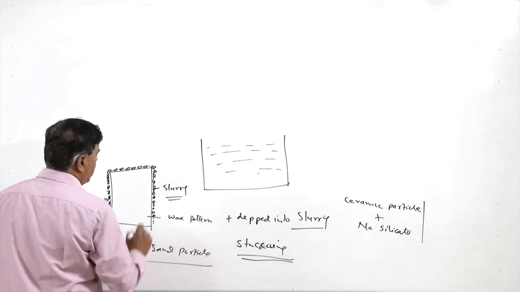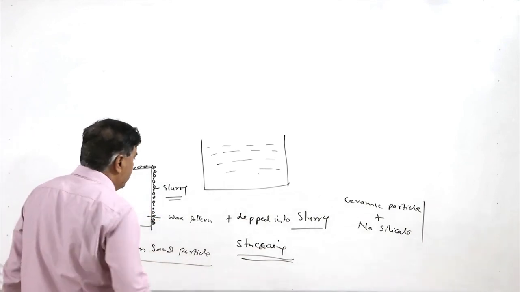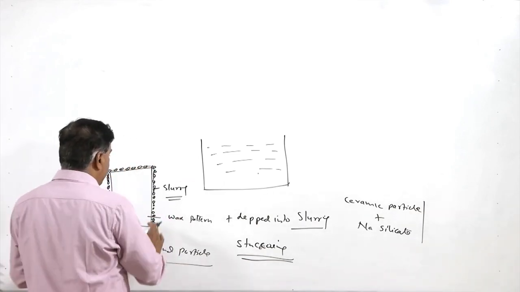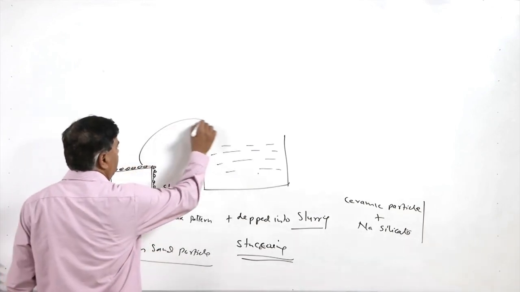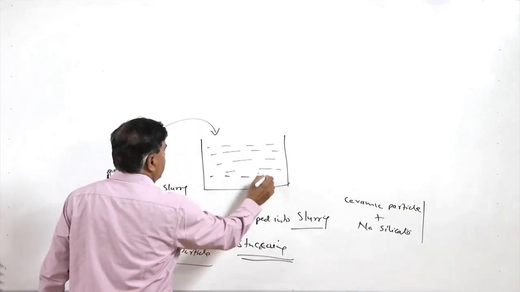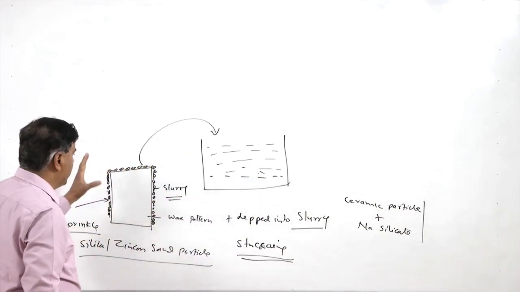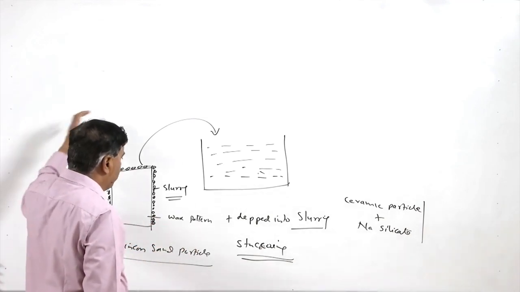Then it is dried. This process of stuccoing is done repeatedly: once one layer of silica and zircon sand has been applied, it is dipped into the slurry again, taken out, and the zircon and silica sand is applied again.